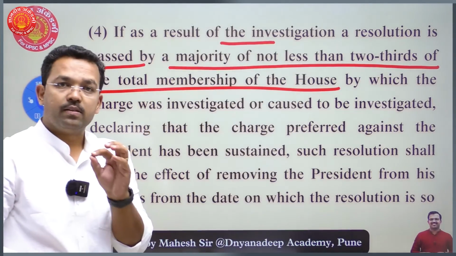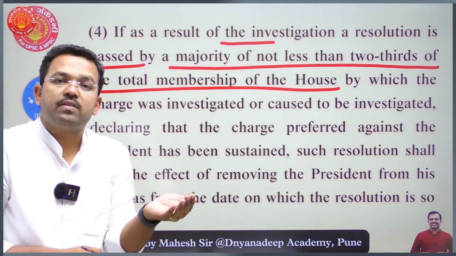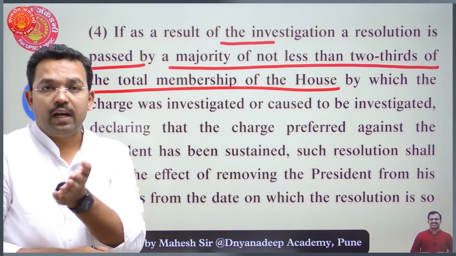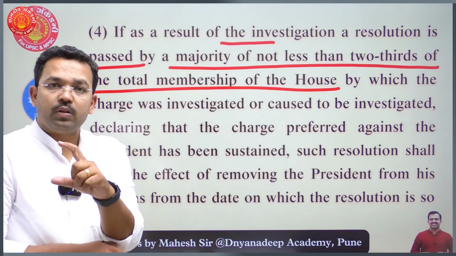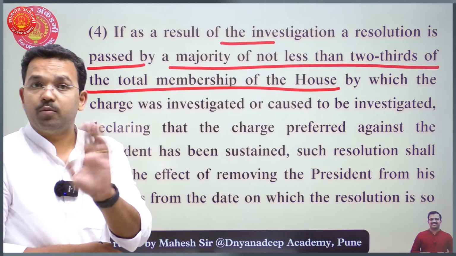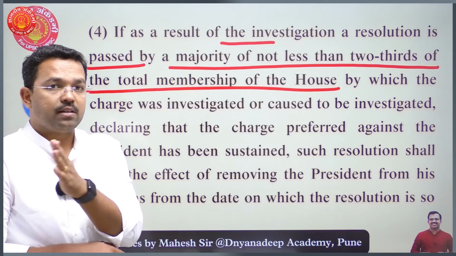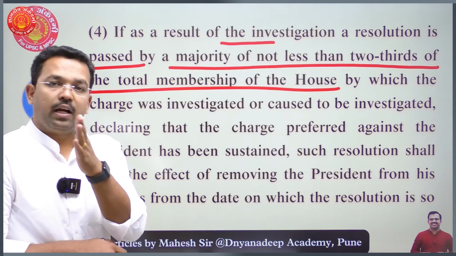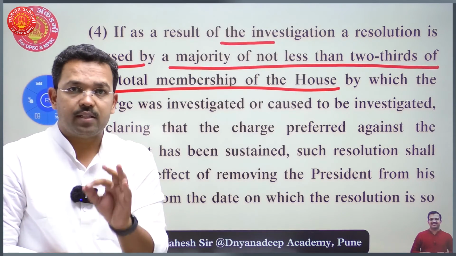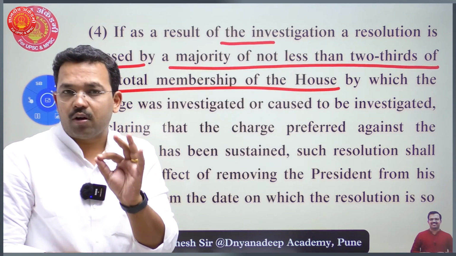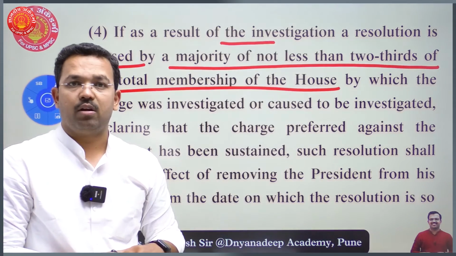So again, the same majority which is demanded of the first house is demanded of the second house which investigates the charges. So the second house will also go for more than two-thirds of total membership, not special majority. It is a completely different kind of majority, and this kind of majority is not used anywhere in the constitution except Article 61, which talks about impeachment of the President of India.